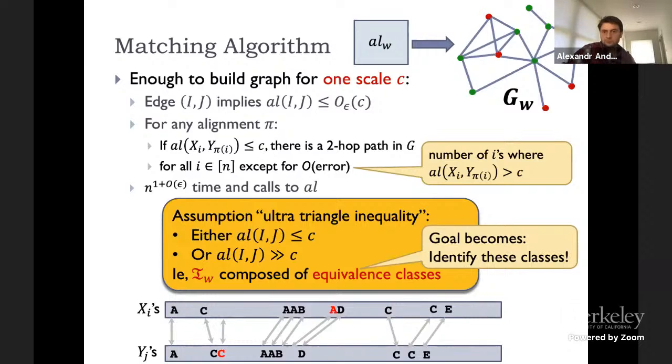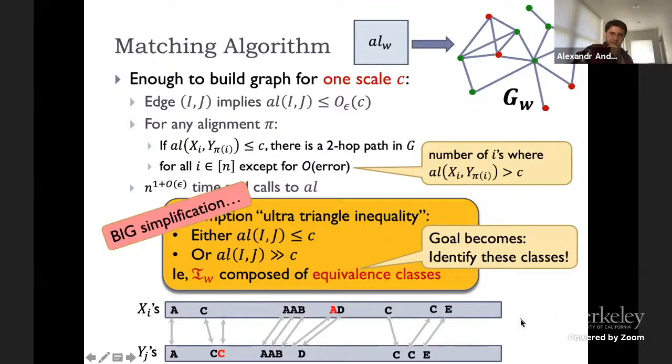So the goal now becomes to identify these classes. This would correspond to a graph which is very close to being a clique. Maybe not a clique, but a partition into groups where the diameter is 2, a partition into connected components where each connected component has diameter 2. This is roughly what we want. We'll not do this perfectly; we'll incur some error because of this kind of condition.